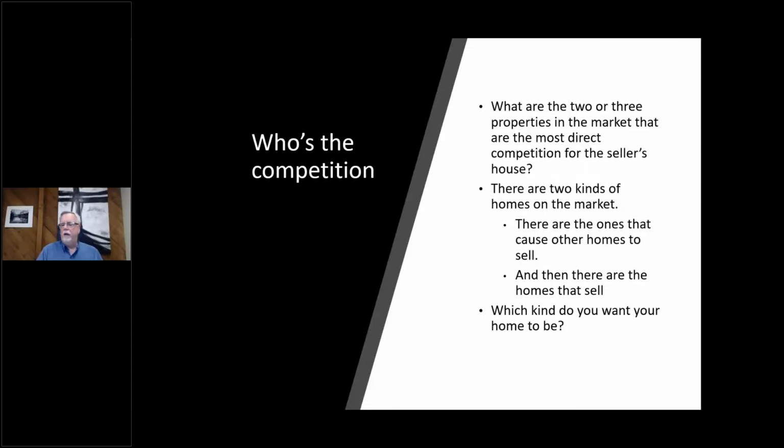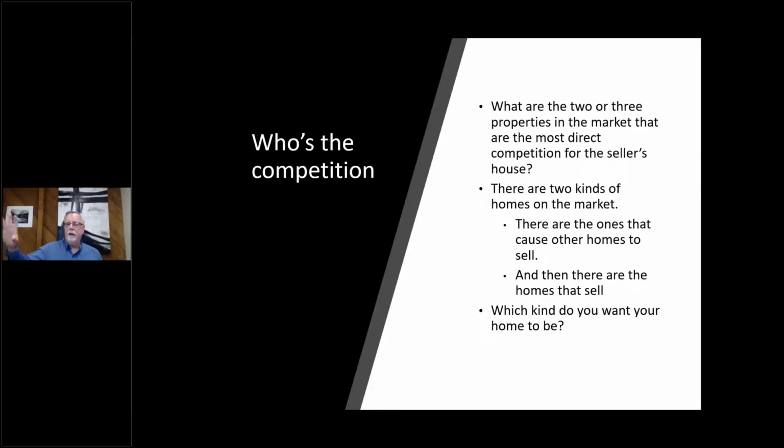Now, right now, most of the homes are selling, but I'm going to show you that's probably not always true. But I always say to people, there are two kinds of homes on the market. There are the homes that sell quickly, and then there are the homes that help other homes sell quickly.